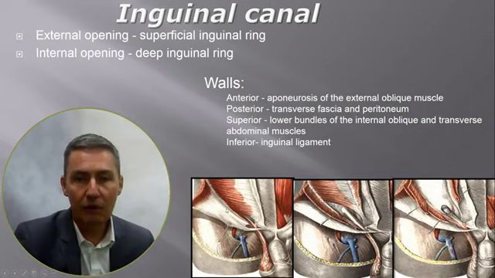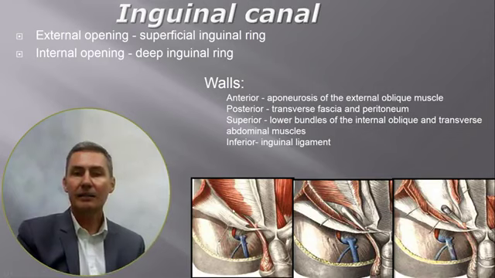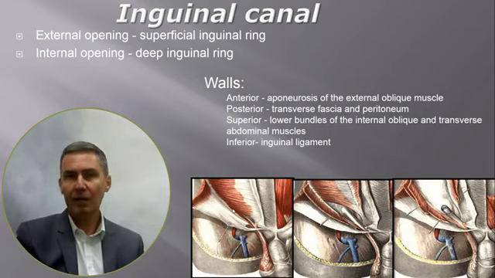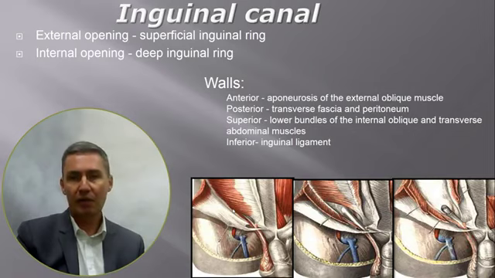The posterior wall of the inguinal canal is formed by the transversalis fascia and peritoneum. Transversalis fascia, as you may remember, is part of the endo-abdominal fascia.